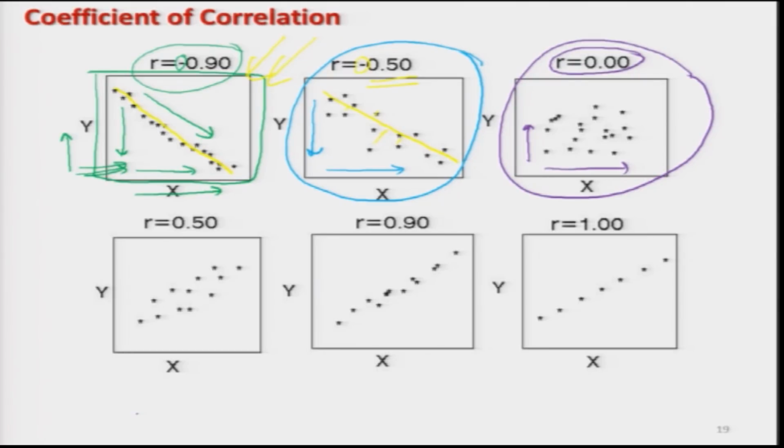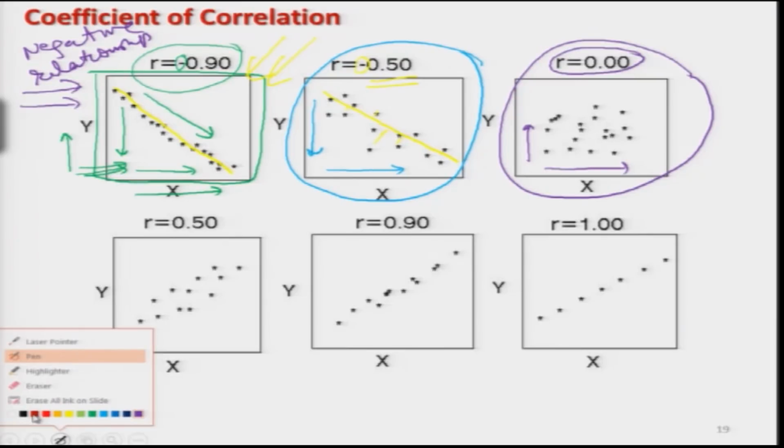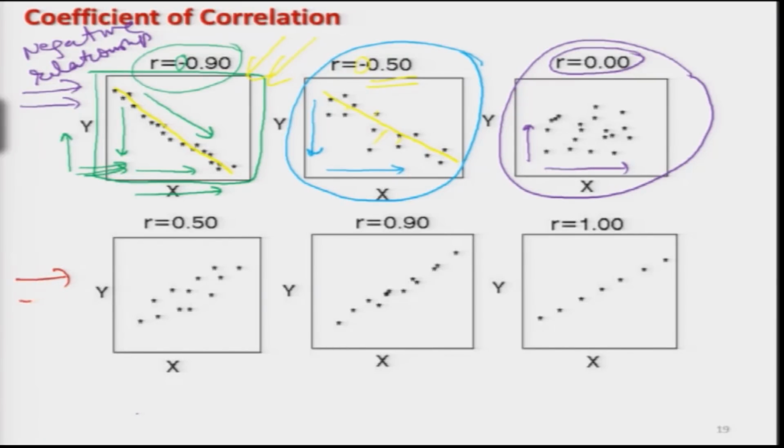So, these two cases in the above panel are trying to indicate the negative relationship. Now, we try to consider the lower panel where we have the increasing trend. Here you can see that in all the panels there is an increasing trend in the data.